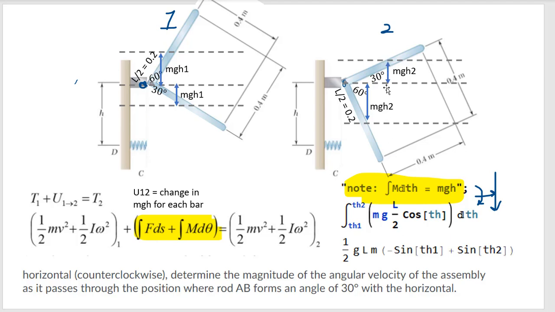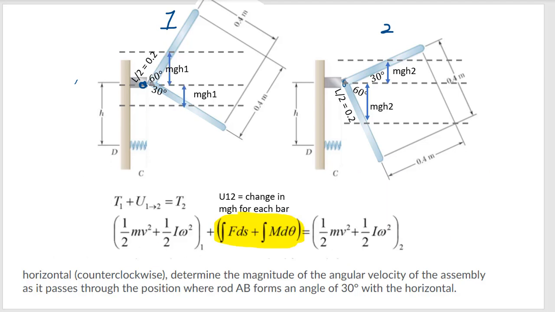And the distance times the sine, that is the height. So whether you think of this thing as a moment acting around where it's hinged, or you think of it in terms of mgh, either way, it's exactly the same amount. But mgh is probably going to be the easiest way to think through this thing.